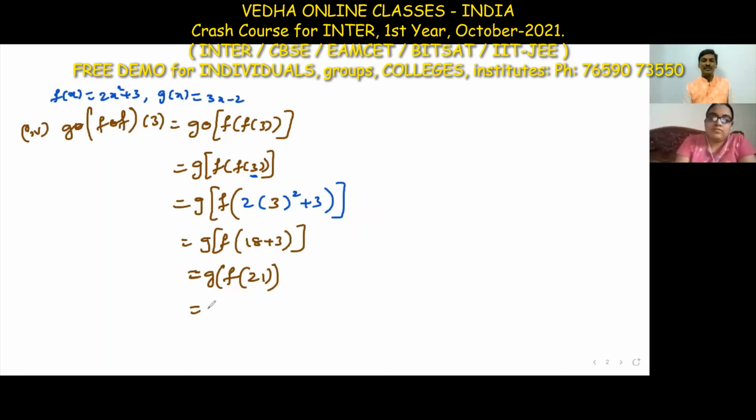So f of 21: 2 into x square plus 3, where x means 21. So this is g of 2 into 21 square. What is 21 square? Do you know?